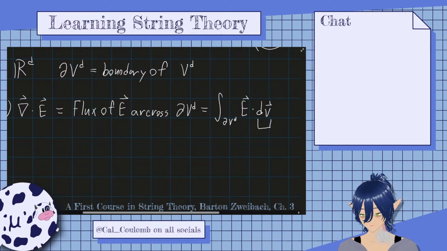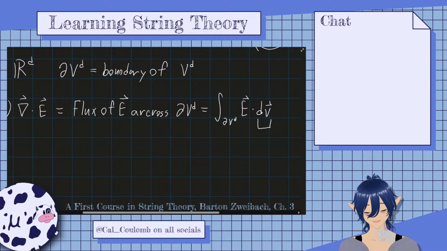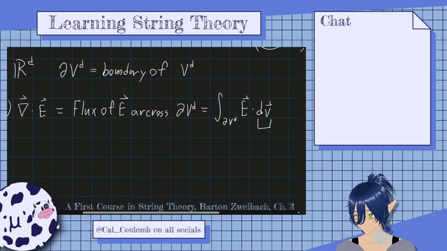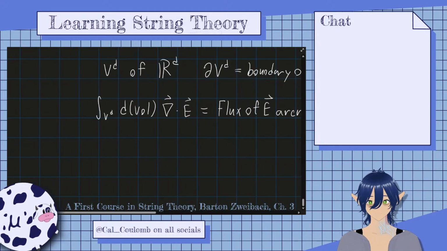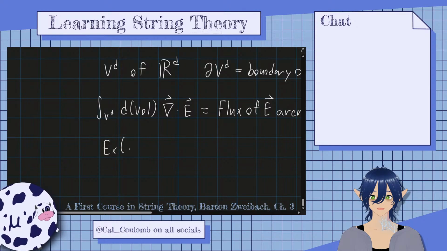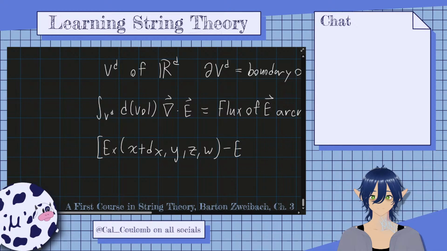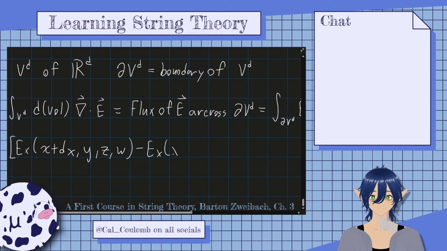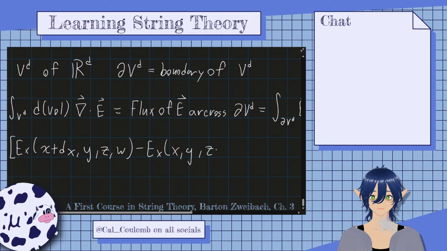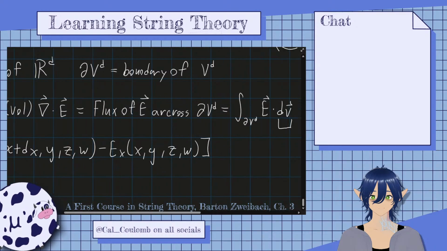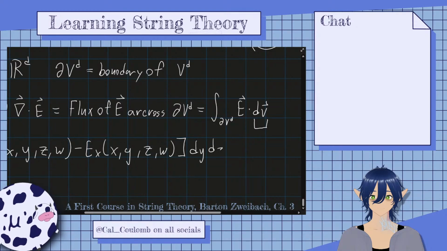For an arbitrary electric field E of x, y, z, w, only the x component contributes to the flux through these two faces. The contribution is [E_x(x plus dx, y, z, w) minus E_x(x, y, z, w)] dy dz dw.